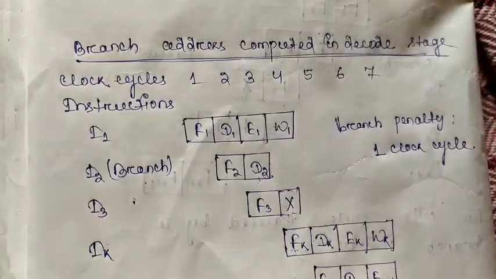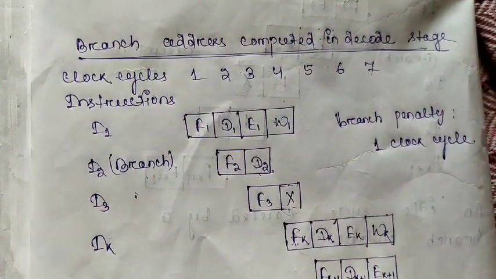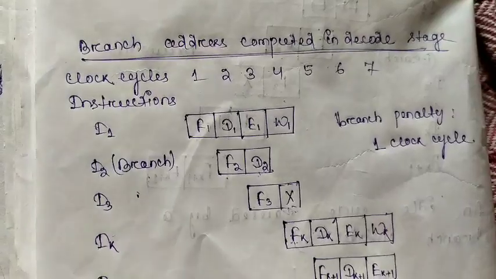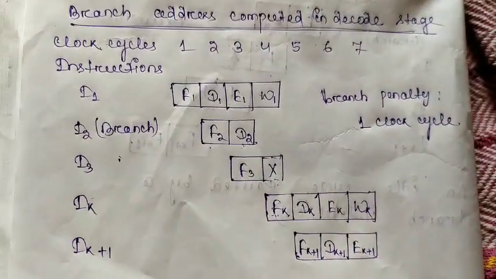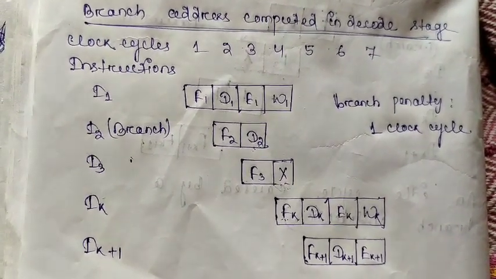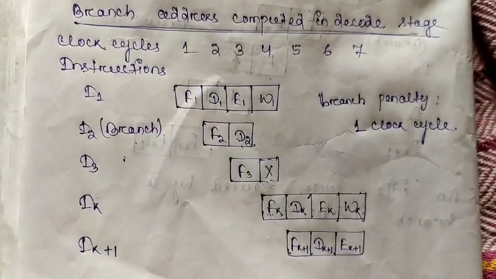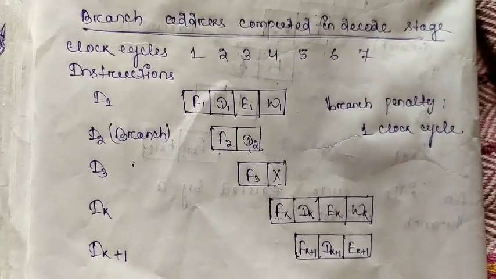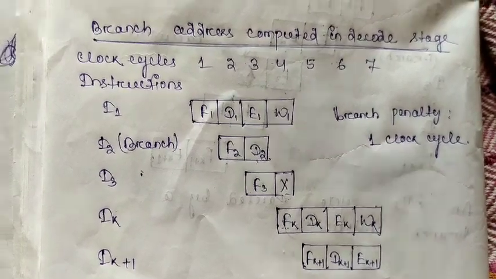Another possibility is that either a cache miss or a branch instruction stalls the pipeline for 1 or more clock cycles. To reduce the effect of these, many processors employ sophisticated fetch units.